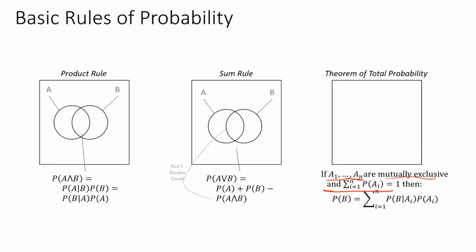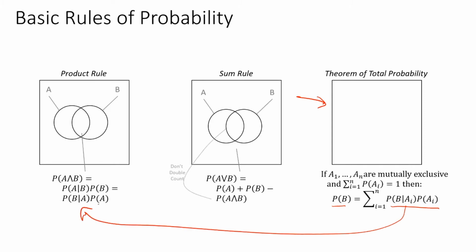What that means is that they don't overlap and they completely cover the instance space. There's nothing that happens that doesn't hit one of the A's, and nothing that hits more than one of the A's. So if there is some other event B, you can find the probability of B by summing up how much it overlaps with each of these A events, which are mutually exclusive and add up to 1.